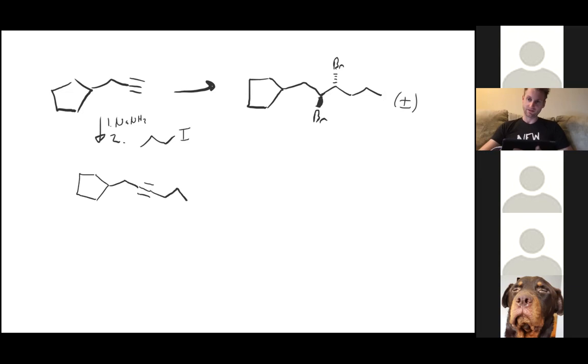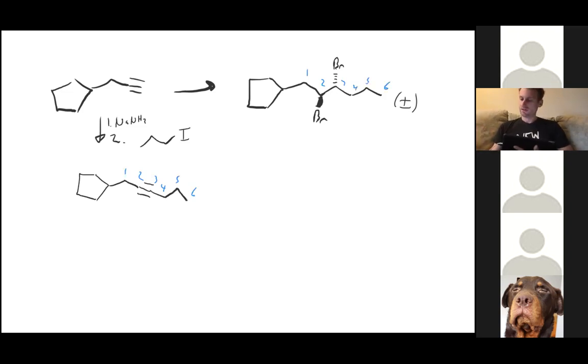And now if we take a look at what we have, we've got 1, 2, 3, 4, 5, 6. We have the entire carbon skeleton built out.